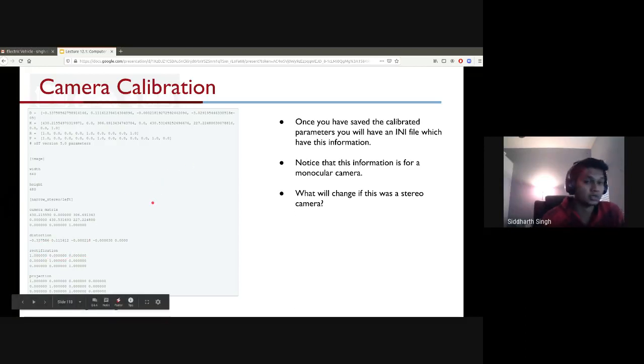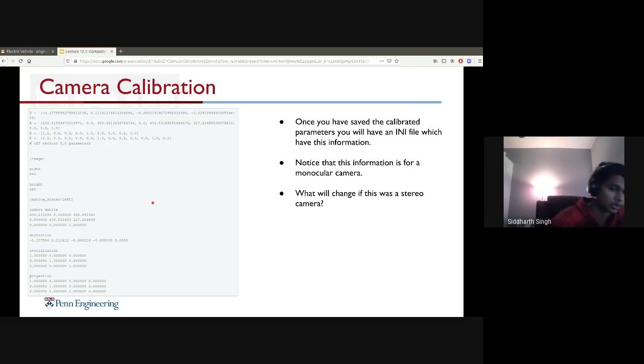So then this leads us to the next question: what will change if this was a stereo camera, right? Any takers? What will change if this was a stereo camera? Yeah, that will change. Anything else that will change?